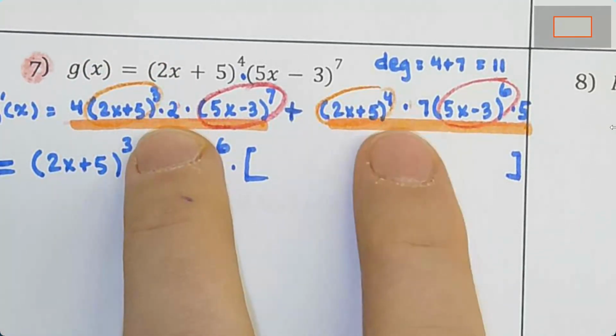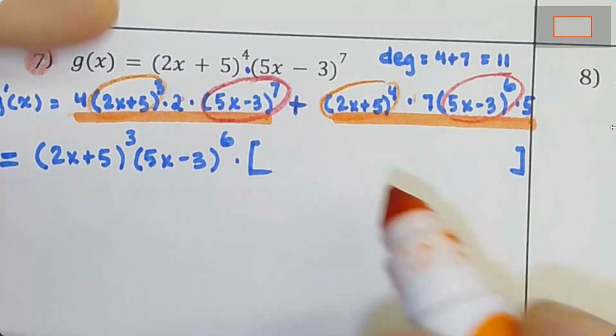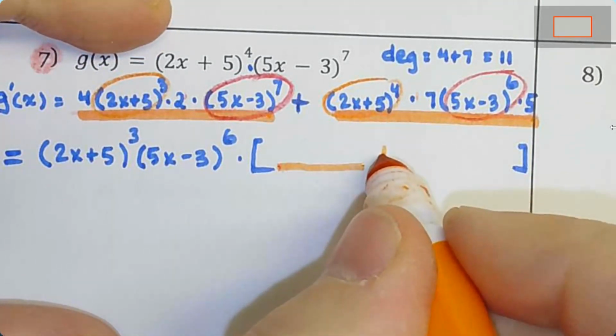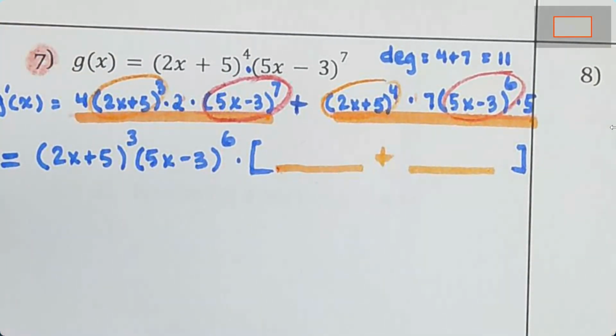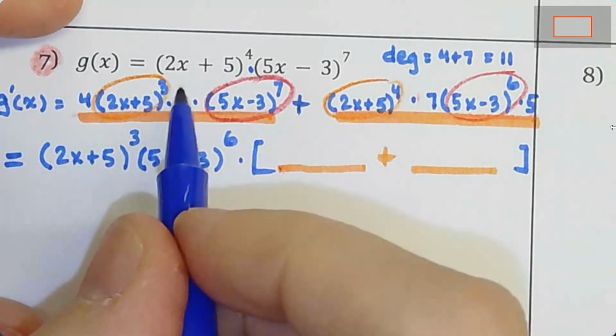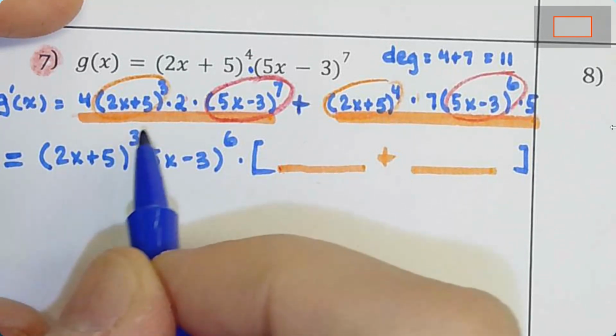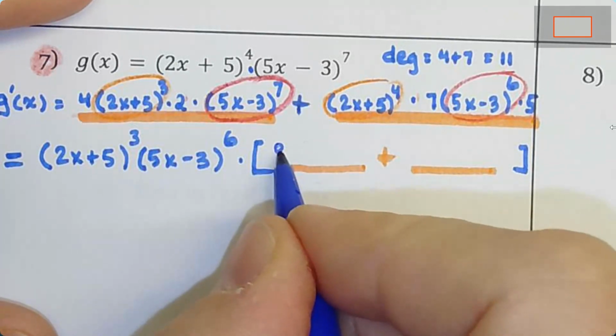Because there were two terms, 1, 2, we know that here we're going to have two terms as well. First term would be, let's see, we factored out all of these, but we didn't take the 4, right? We didn't take the 2, so it's going to be 8.